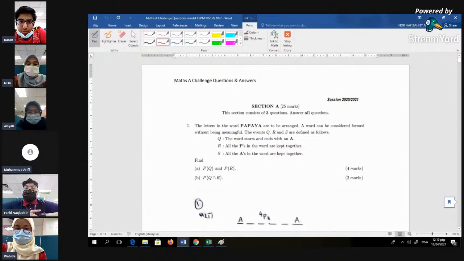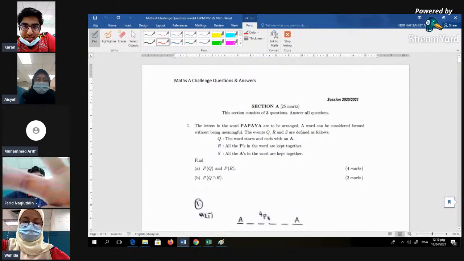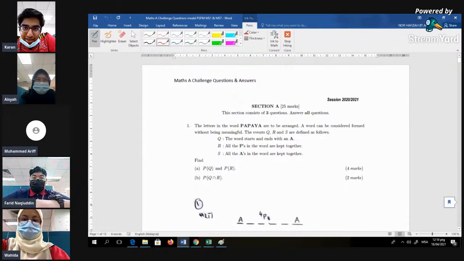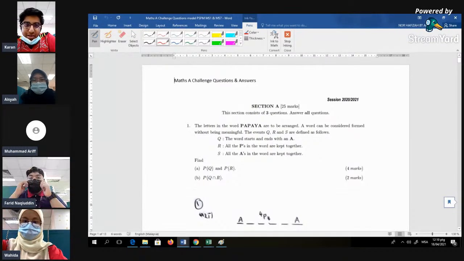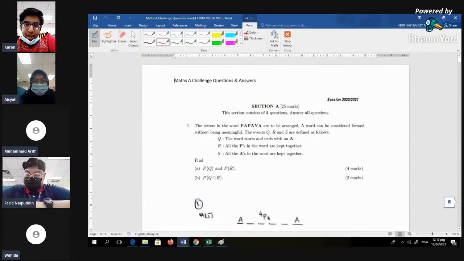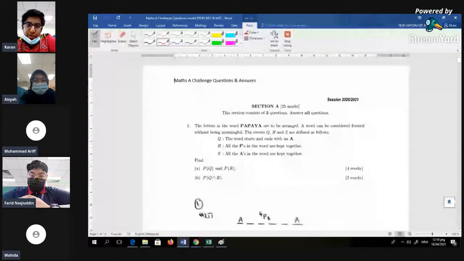Q means the word starts and ends with an A. R is all the P's in the word are kept together, and S is all the A's in the word are kept together. So question A is find the probability of Q and the probability of R, while question B asks us to find the probability of Q intersect R.